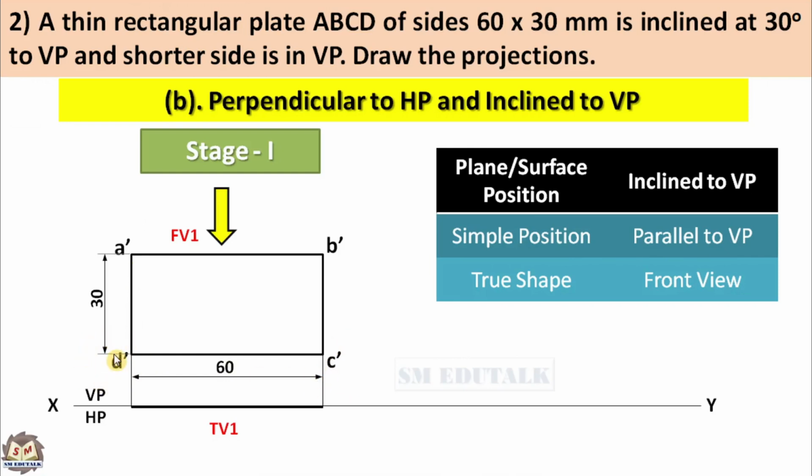Hence, the name of the line's left end should be written as A bracket D, because A is a visible point and D is an invisible point. Similarly, the name of the line's right end should be written as B bracket C, because B is visible and C is invisible.